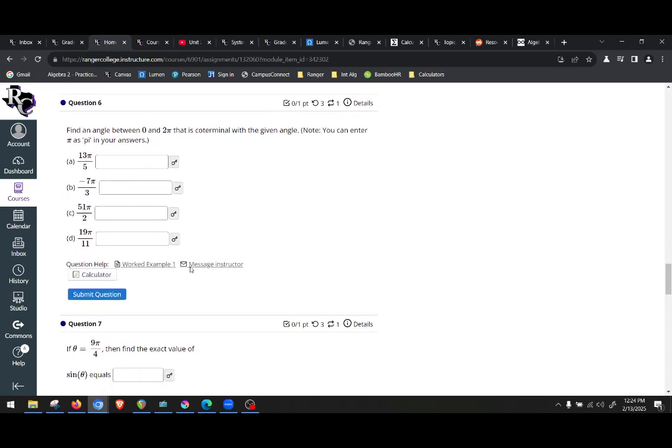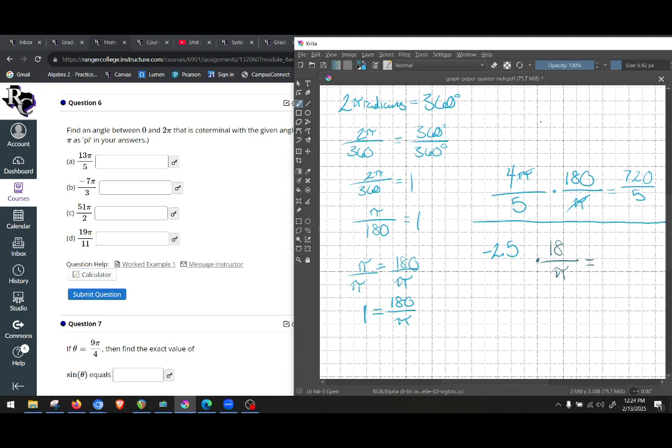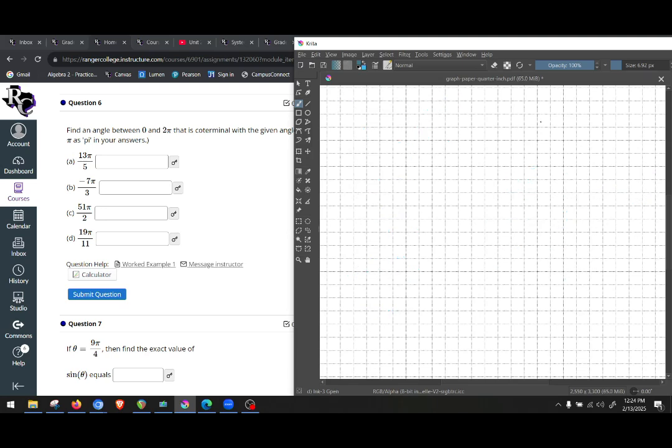Okay, find an angle between 0 and 2 pi, so one revolution, that is coterminal with the given angle. We're starting with 13 pi over 5, and we want a coterminal angle between 0 and 2 pi.